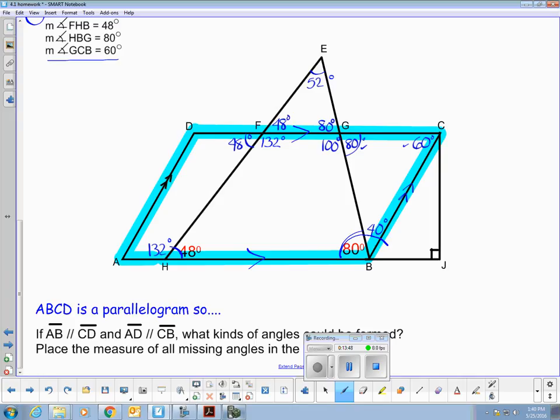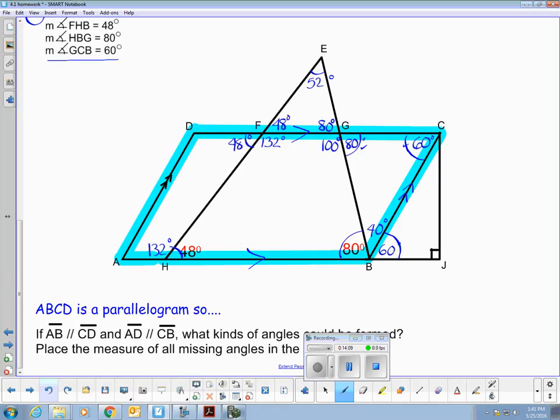Together, these three angles must add to 180. 80 plus 40 is 120. So that leaves 60 degrees for this third angle, which makes sense because this angle is alternate interior to this angle right here.